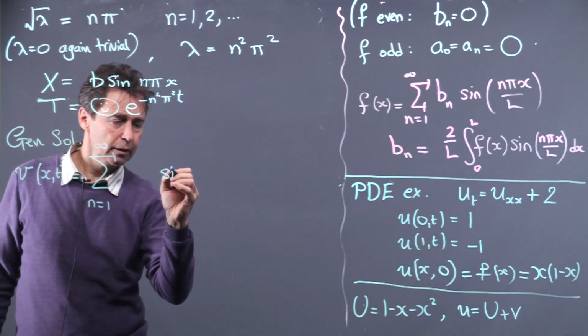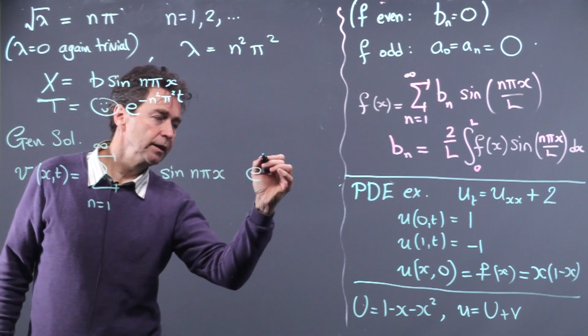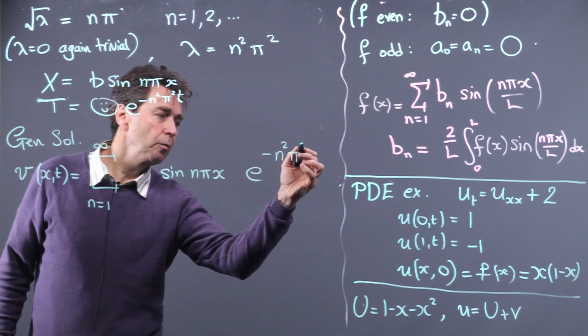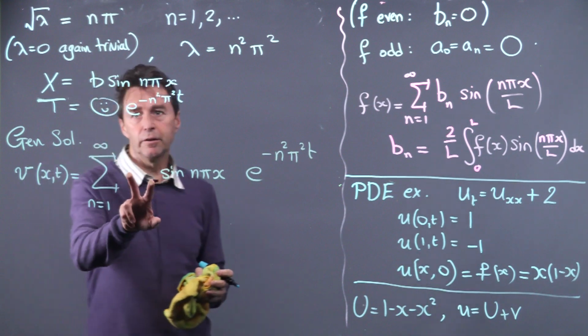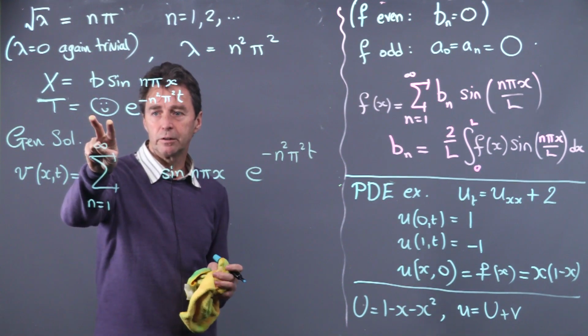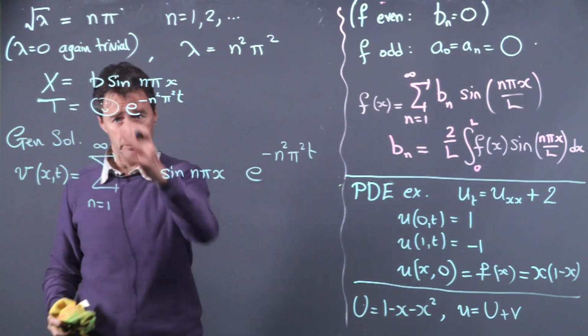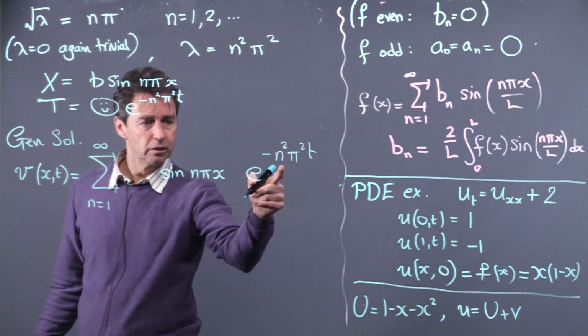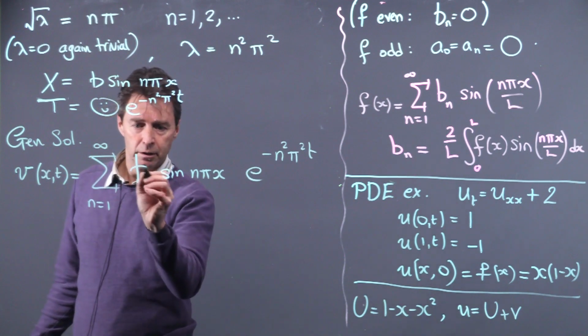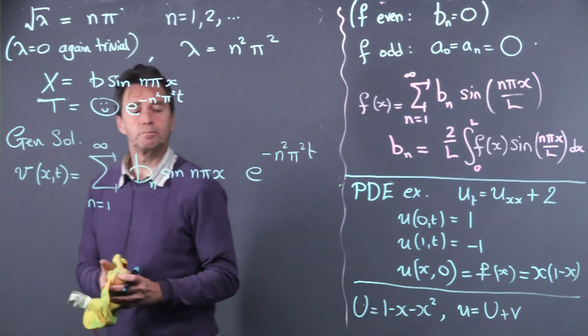I have a sine of n pi x. I have an e to the minus n squared pi squared t. And then out front here, I would have this arbitrary constant b times my arbitrary constant here, the happy face. There's no point having the product of two arbitrary functions. I may as well just keep one. And I should choose a different one for each of the n's. So I'll just rewrite that as bn, because we've got a bn over there.